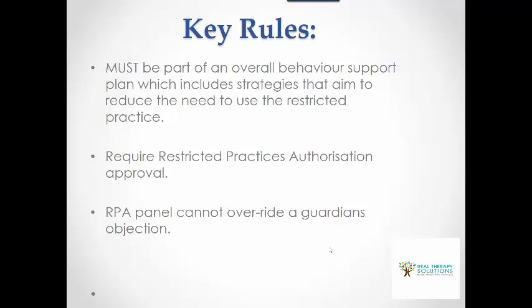I do need to justify that we've tried other options without putting the person and the other people in the vehicle at risk. I also know that were I to move states to Victoria, this is not considered a restricted practice. So there's some justification that it's reasonable here. However, in most cases, we need to put a behaviour support plan in place, or at least some really good strategies around it.